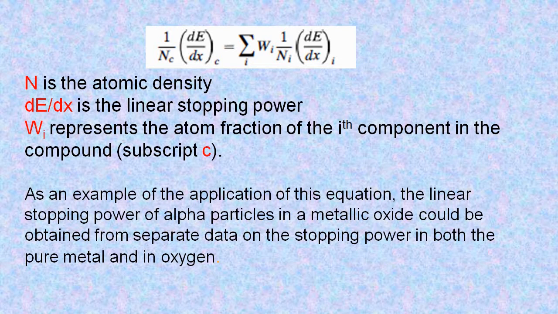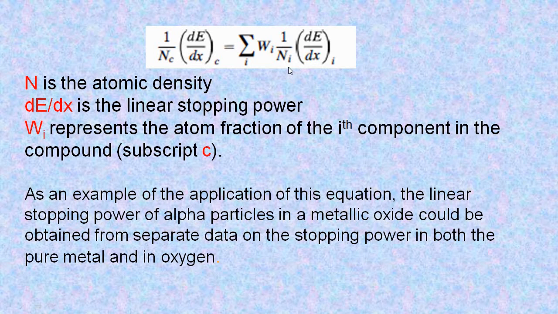For example, if you are considering, say, water, H2O, then H has 2 fractions and O 1 fraction. So similarly, in a compound, there will be 1 by third factor, other will be 1 by third factor, then 2 by third factor, etc. In that way, you can calculate this Wi, that fraction.